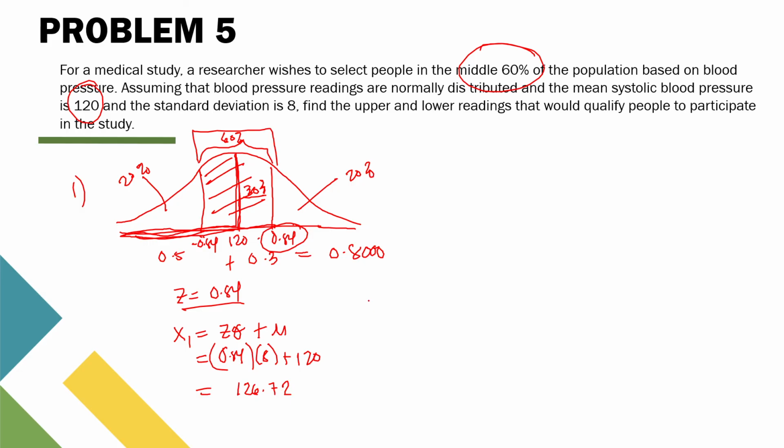When z is equal to negative 0.84, because it's symmetric, because it's in the middle, x sub 2 is z times the standard deviation plus the mu, equal to negative 0.84 times 8 plus 120. So the result of this one is 113.28.